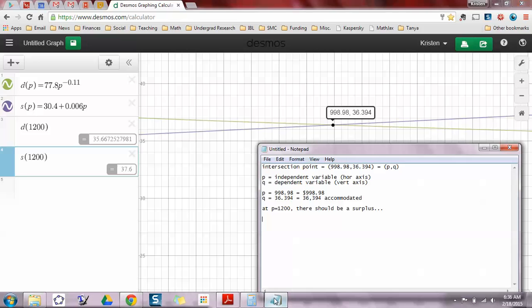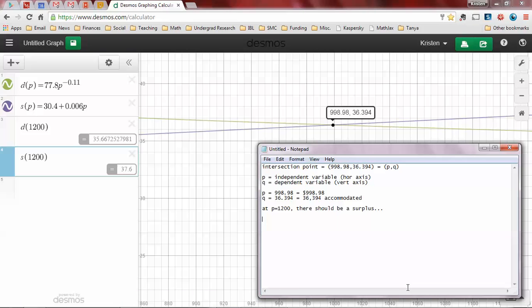So let's go ahead and put this into our notepad here. Demand when P equals 1,200 is 35.667. And remember, this is in thousands of students, right? So this many students, or parents of students, I suppose, will pay $1,200 to put their kids in private school.